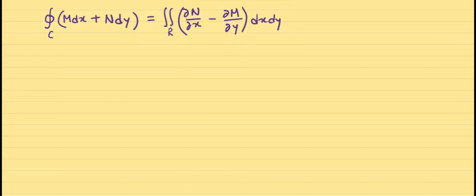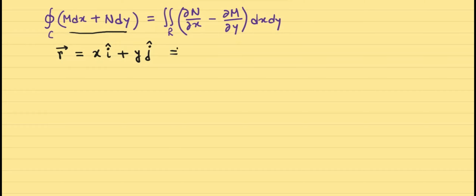The first thing is to recognize that this object here, M dx and N dy, looks a bit like a dot product, right? So for example, if we take r to be our position vector, and this is given by, let's say, x i hat plus y j hat, where i hat and j hat are unit vectors in the direction of x and y respectively.